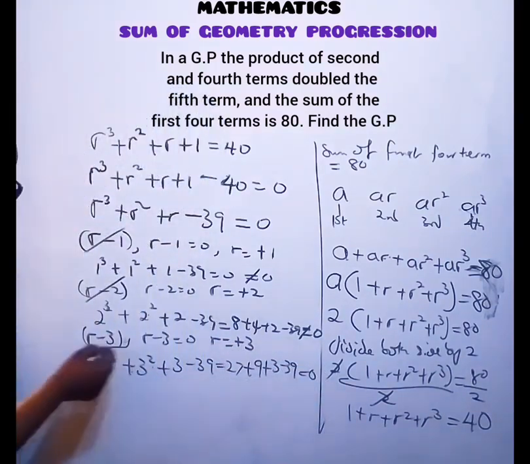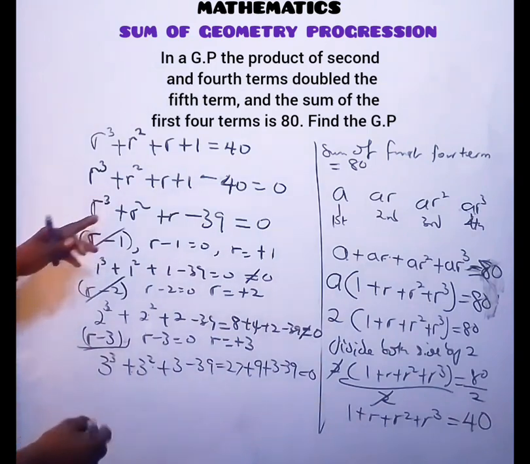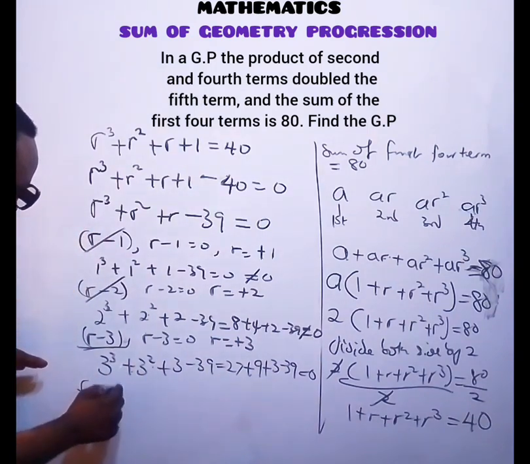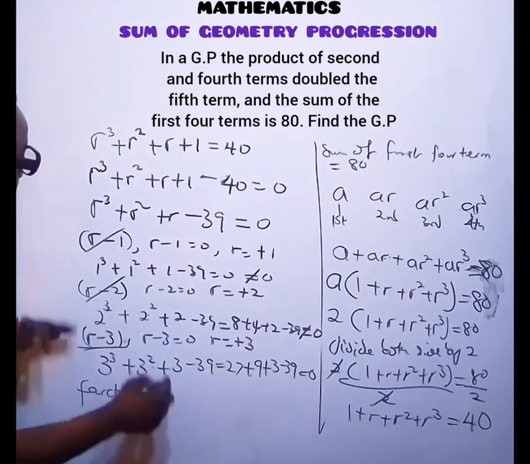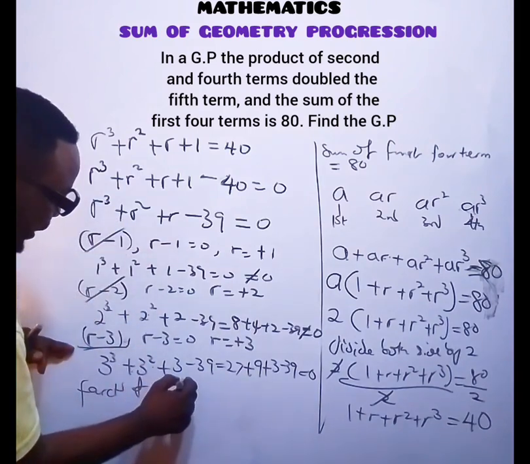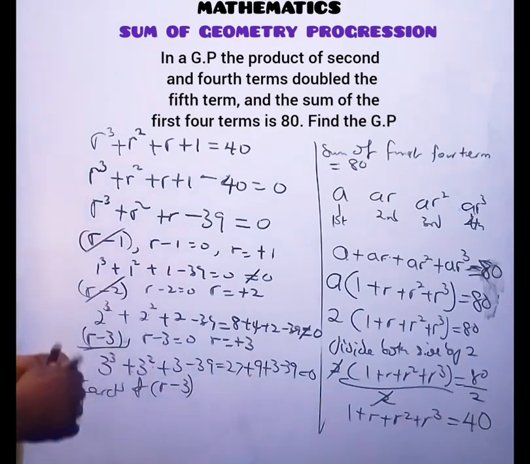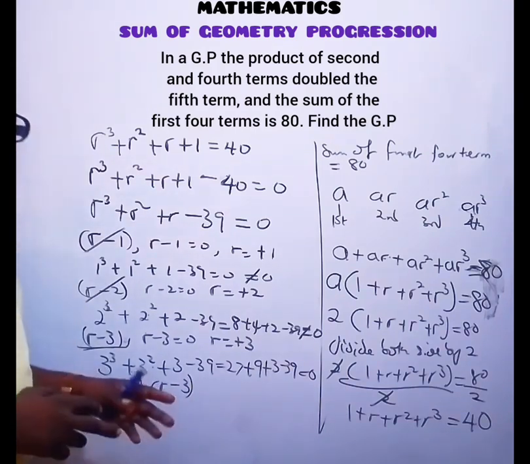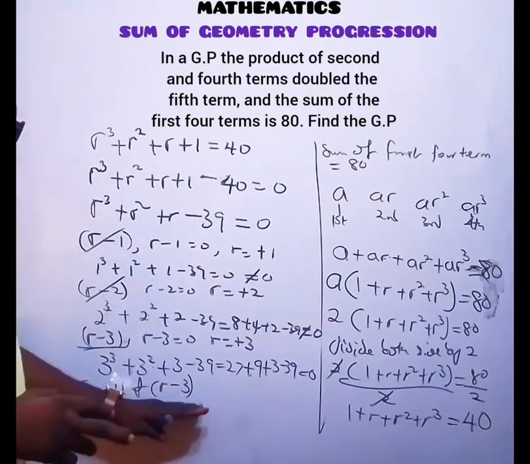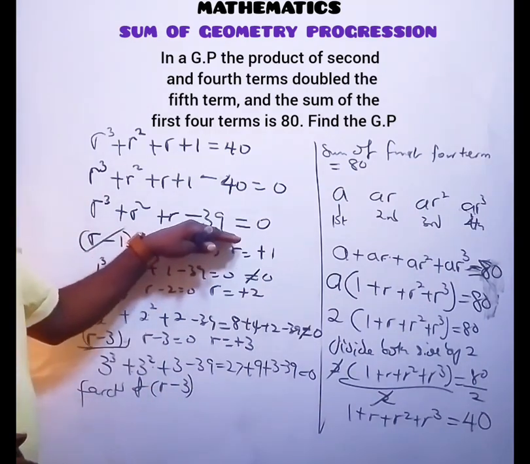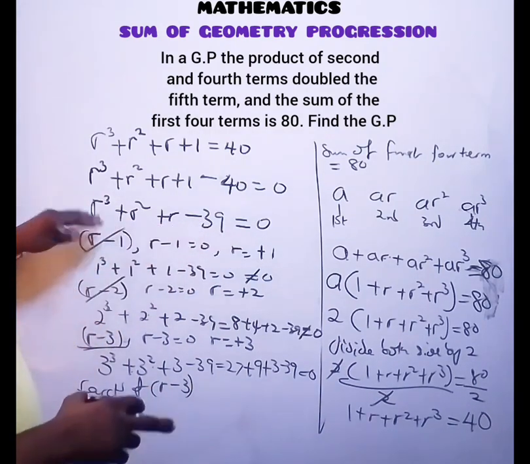So the factor of this expression is r minus 3. So we have been able to get the first factor for the factorization of this expression.